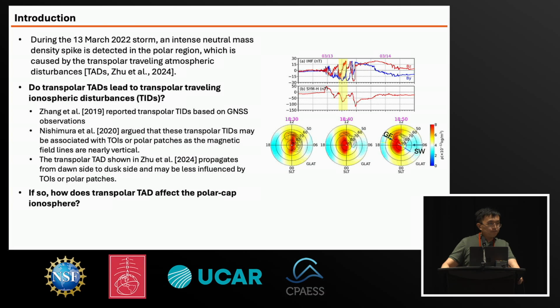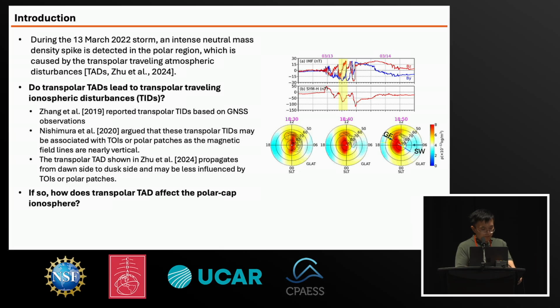Just to refresh your memory, during the March 13, 2002 storm, there was an intense neutral mass density spike measured by GRACE and Swarm satellites. And simulation results suggest that it is caused by transpolar TADs initiated from the dayside and propagating to the dark side.